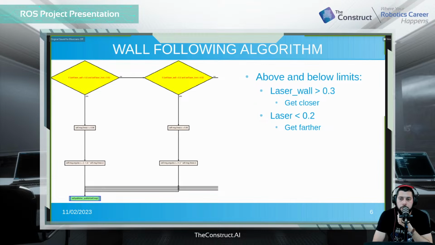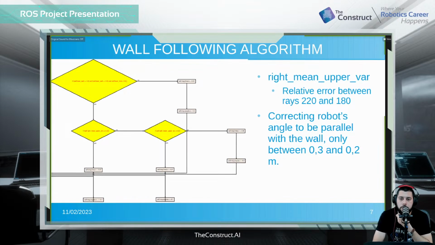It tries to follow, all the time, a triangle of two rays. It's only a very simple math problem. We have two rays, the right ray and another one that makes an angle, and we are computing the relative error between the ideal reading and the actual reading.